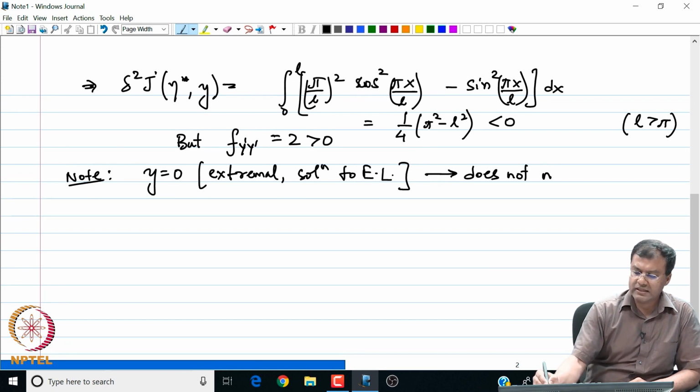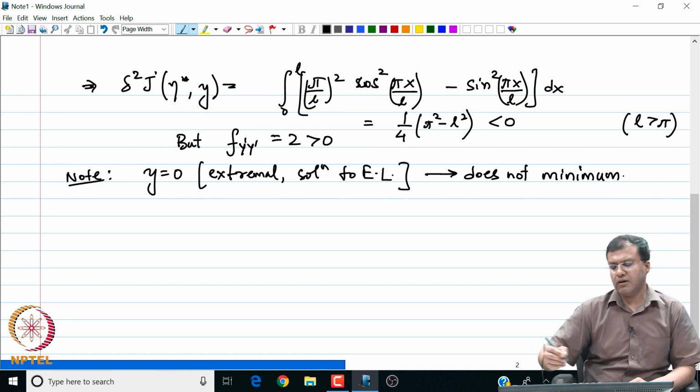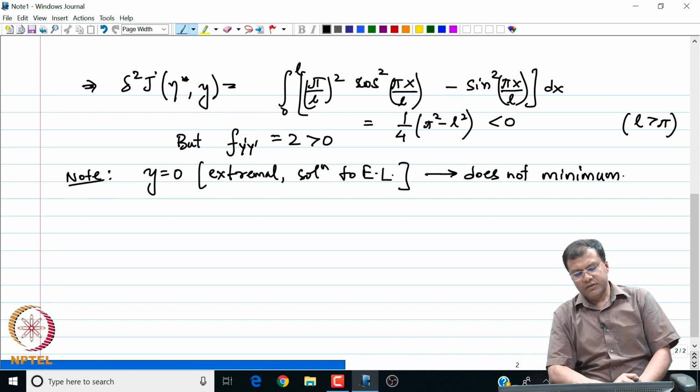So this is the fallout here, which means that although the Legendre condition holds, we are getting the second variation negative, and the implication being that we have one solution to the Euler-Lagrange which is not the minimum, right.